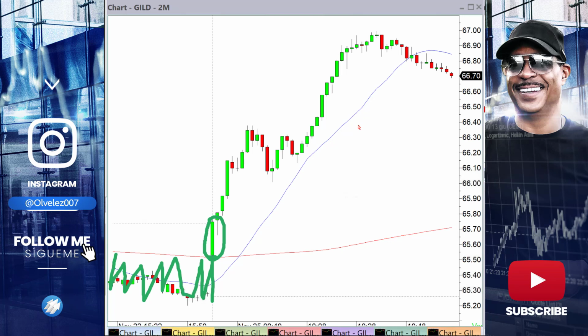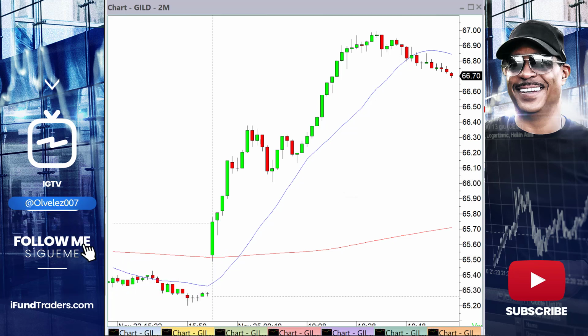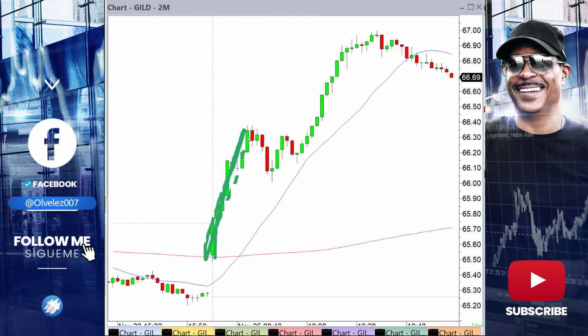All right? You've got a pullback that stays in the upper portion of its power. So here's the power. Now you cut that in half. The pullback stays in the upper portion of it. Okay?